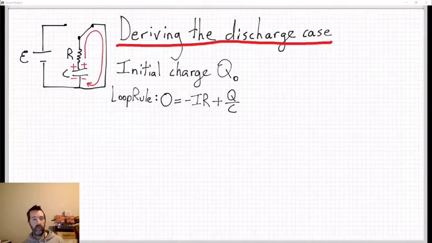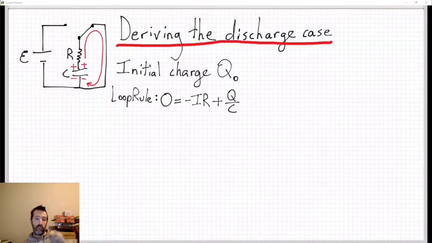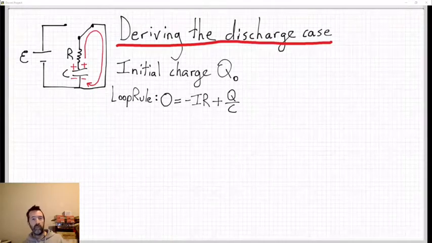It's more general than that. So whatever Q is at some moment in time, and whatever the current is at that same moment in time, this condition always has to be satisfied, even though Q is changing and I is changing. There's this relationship between them that has to always work.